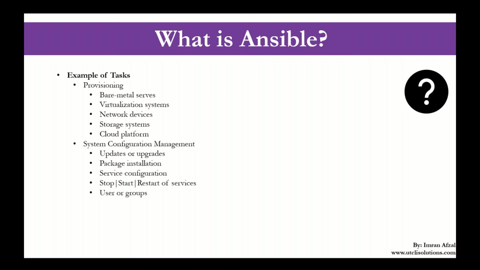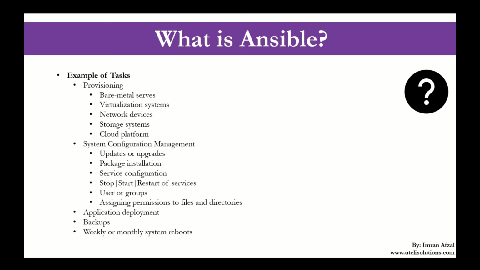Users and groups. You could create one user on one server, or you could create that same user on multiple servers at the same time. Assigning permissions to files and directories. Moving on, you could do application deployment, backups, weekly or monthly system reboots.